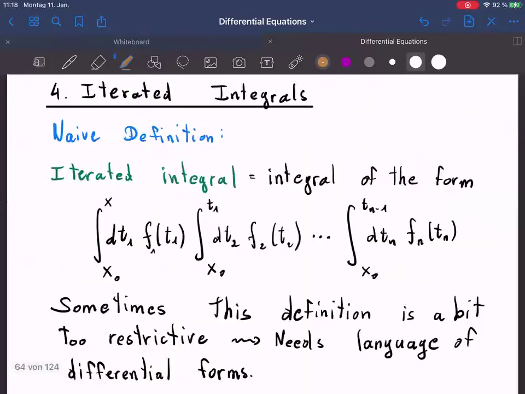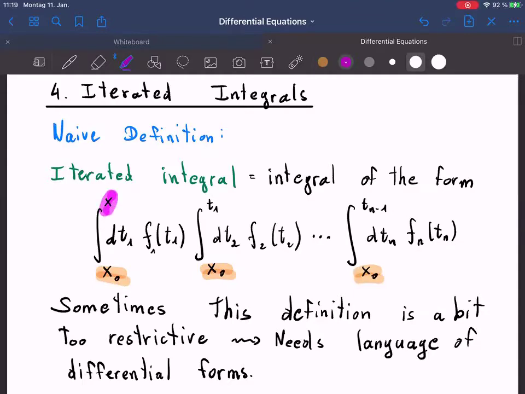So that's why in this lecture, we will look a bit more closely at iterated integrals to see what kind of functions you can get out of these kinds of differential equations. The naive definition of an iterated integral is what we've seen on the previous slide. It is essentially an integral where you start integrating from some base point x0, which is the same for all of them, and in the outermost integral you integrate up to the endpoint.